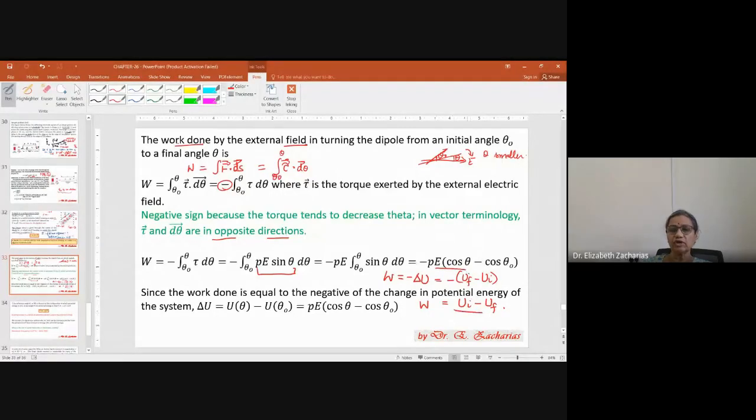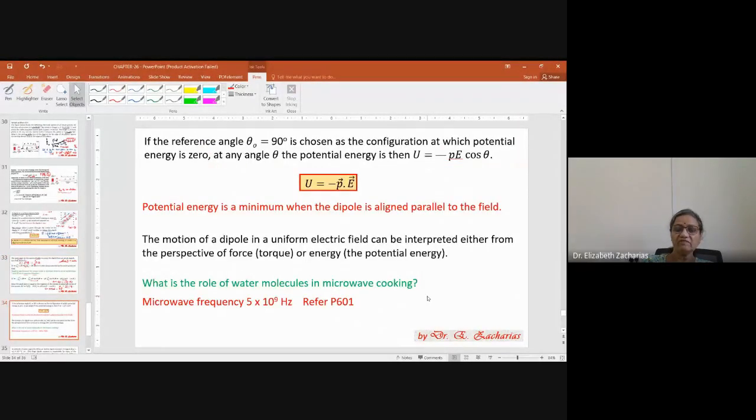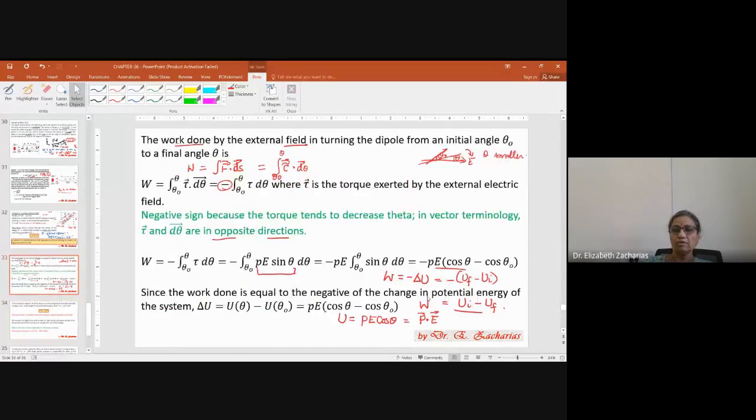From both of these, you can conclude that the potential energy for any theta is simply going to be minus P E cos theta, or minus P dot E, with a minus sign. Okay?